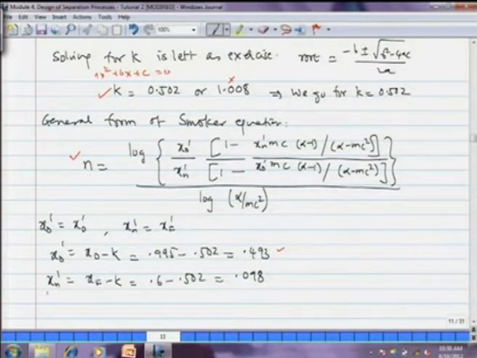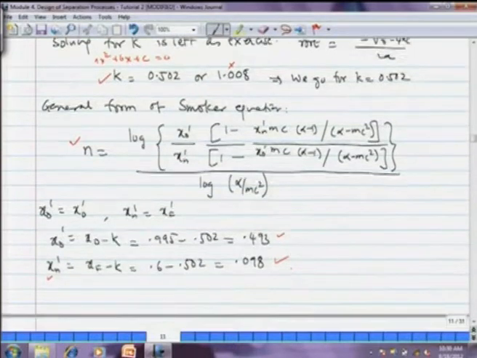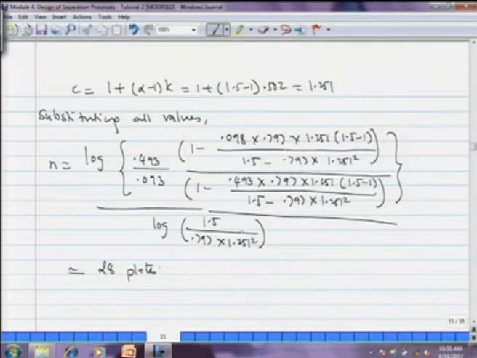Similarly, xn dash is xn minus k, but xn is equal to xf. So, we put the value of xf as 0.6 minus 0.502, the value of k, and then xn dash is 0.098.